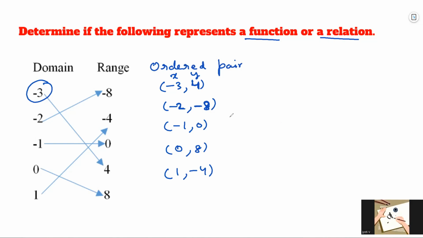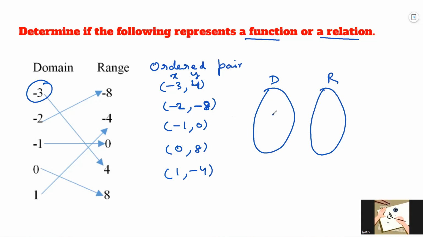So when every element of the domain set is mapped to one and only one element of the range set, such a relation is called a function. So here, this set of ordered pairs represents a function.